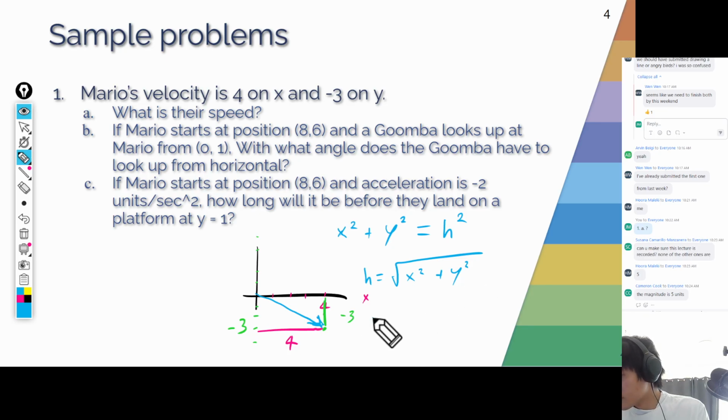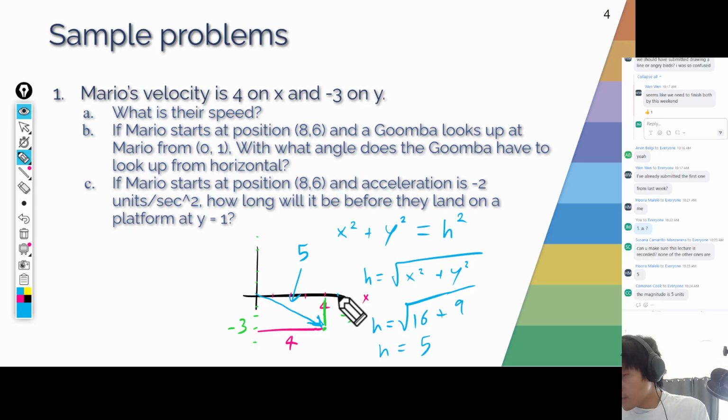16. What's y squared? That's 9. So that will add to 25. So h equals the square root of 25, which is 5. That right there is Mario's speed.